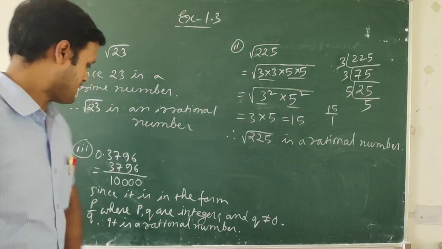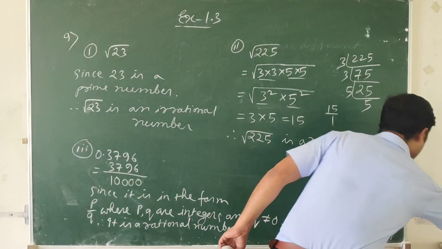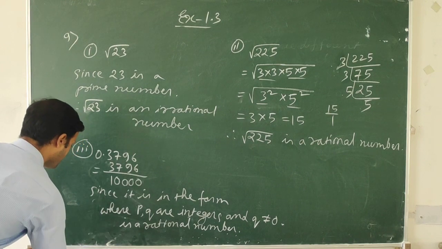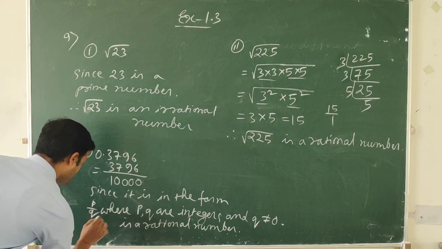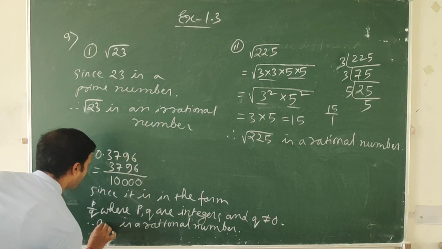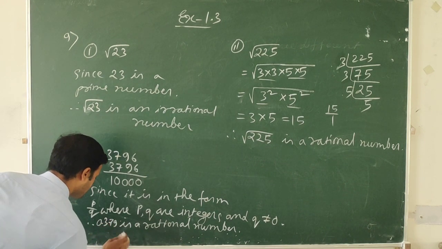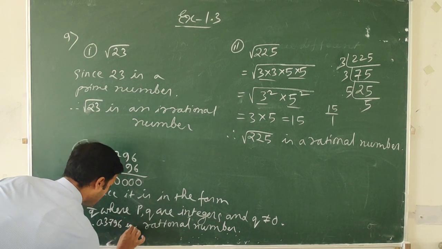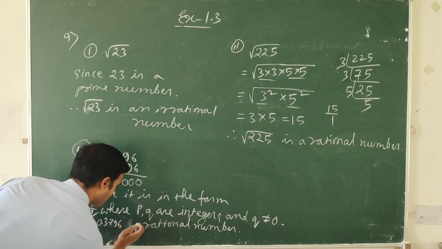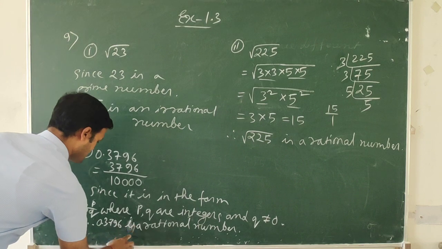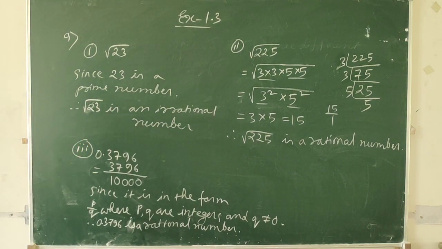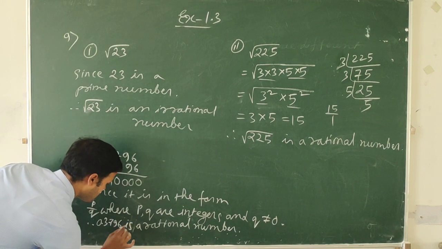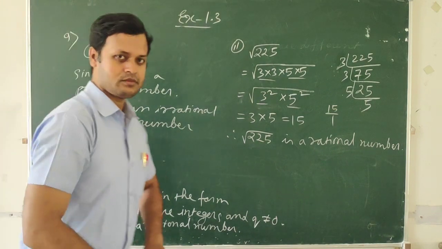This is a rational number, or we can write: therefore 0.3796 is a rational number. Understood?